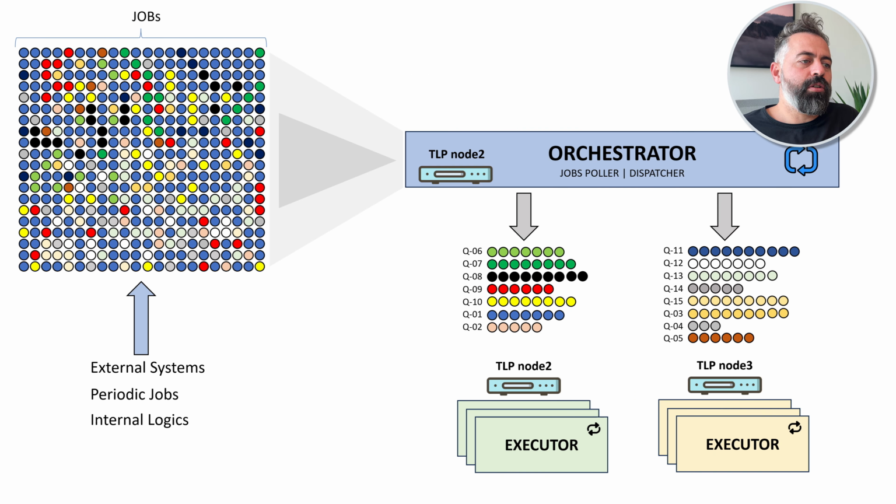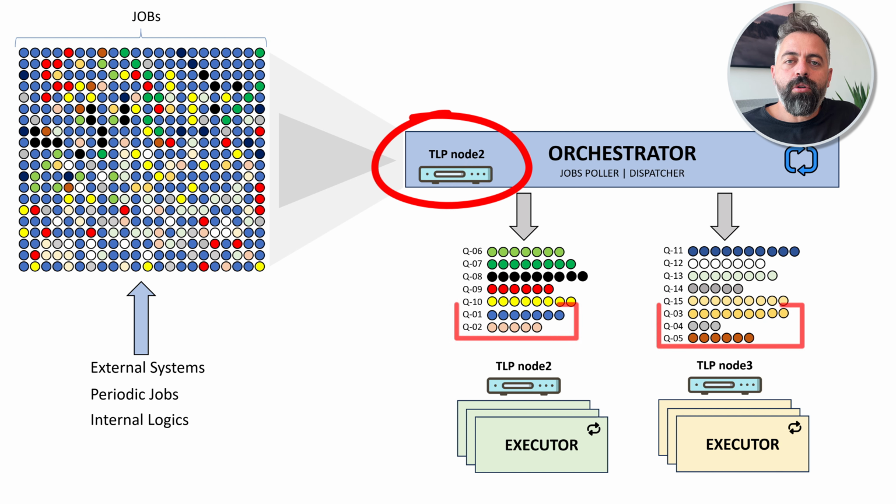So in this situation, we can see that node 2 is the new orchestrator, and of course, all jobs that were dispatched to node 1 and not yet processed will be redispatched by the new orchestrator to the available nodes, so to node 2 and 3.